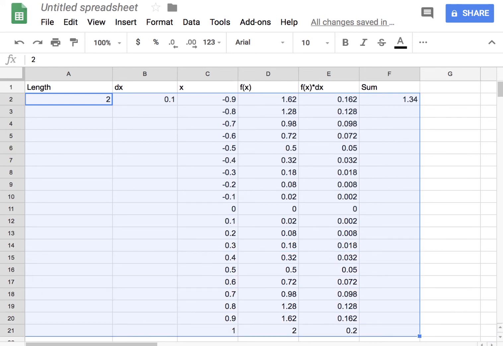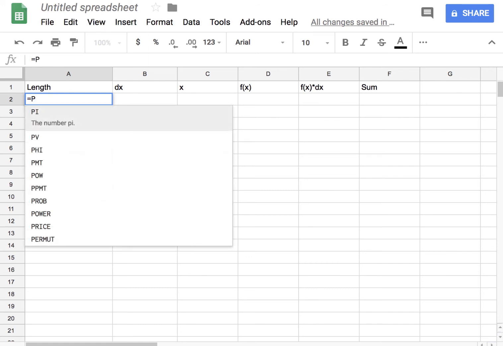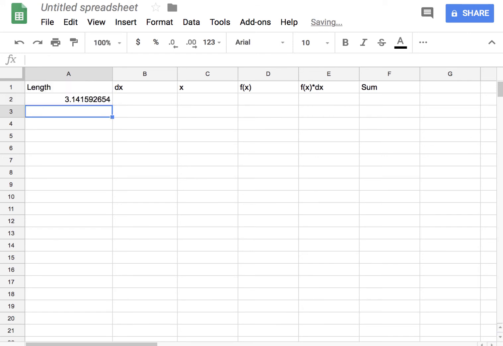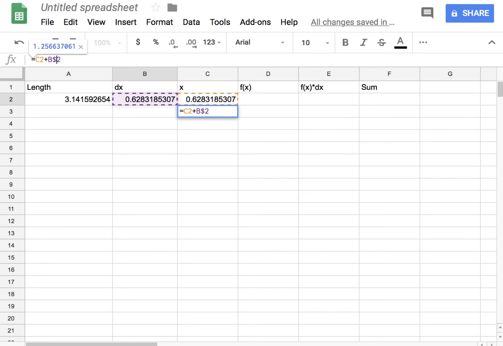Start afresh. So the length of our interval is pi. Our steps will be pi divided by 5. Our x values, well, the first one is 0 plus this. Then the next one will be that guy plus this element. Again, freeze that.